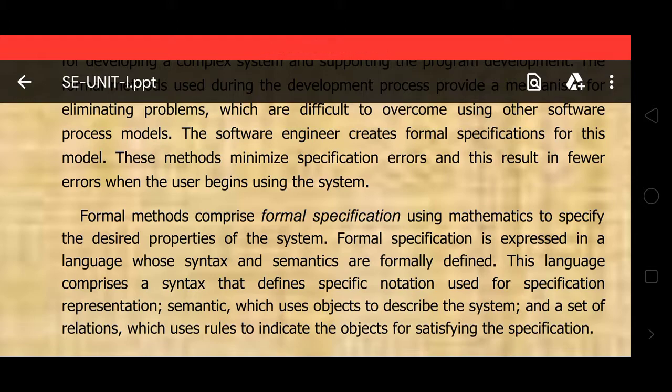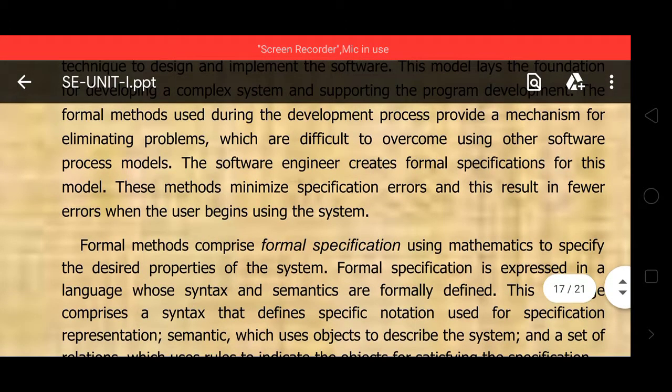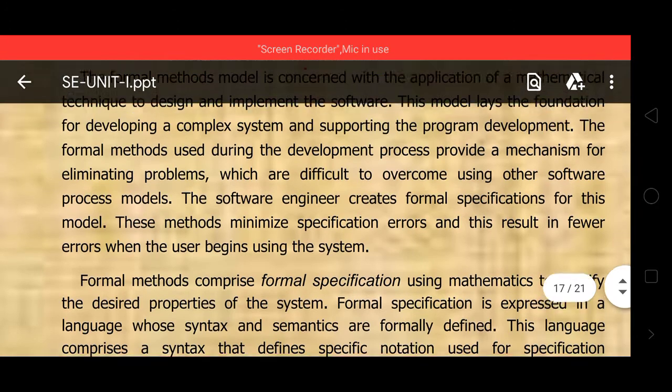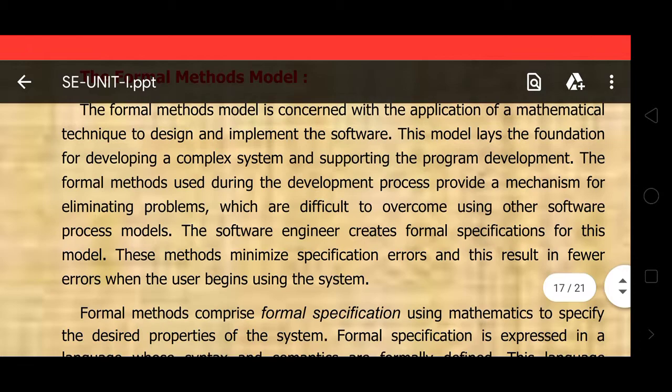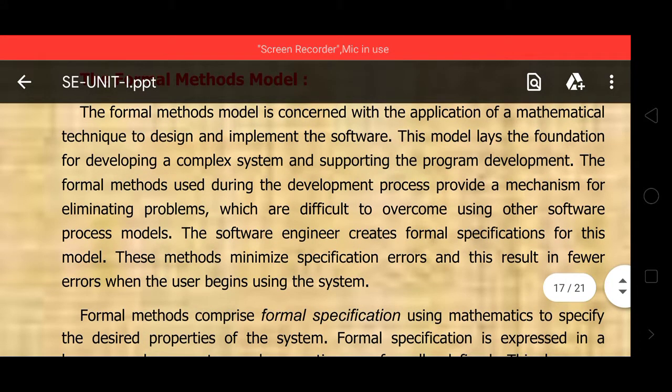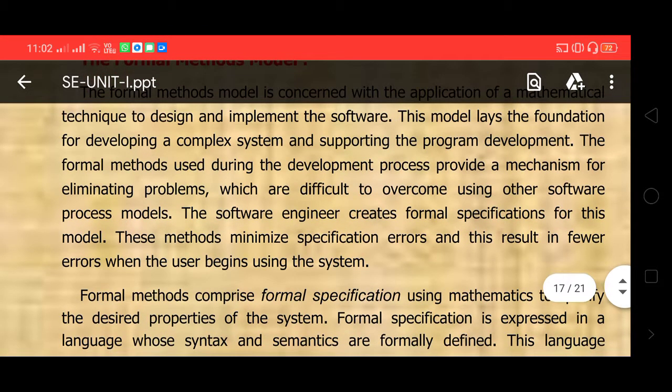Some of the models are short-term or small project models. Some projects are very large and big. Some models are used to complete in 60 to 90 days.